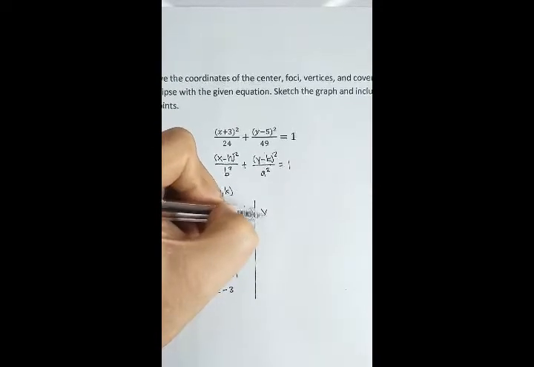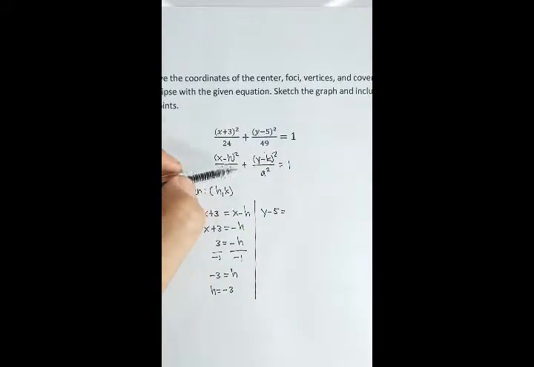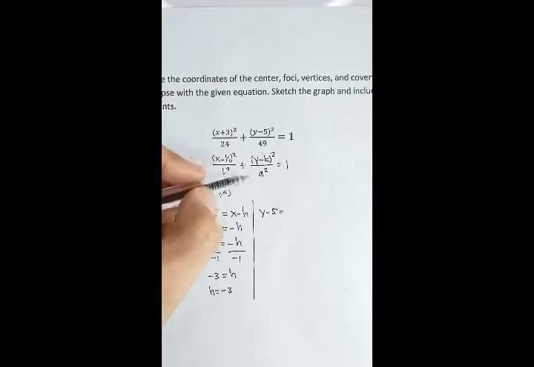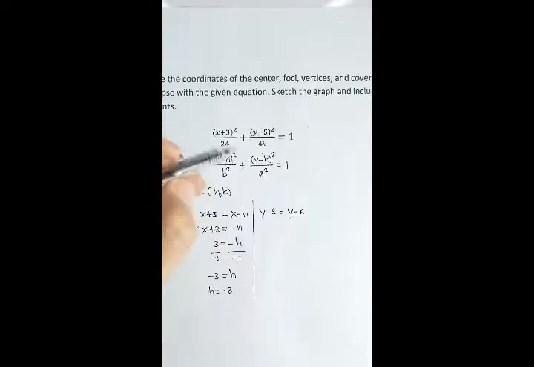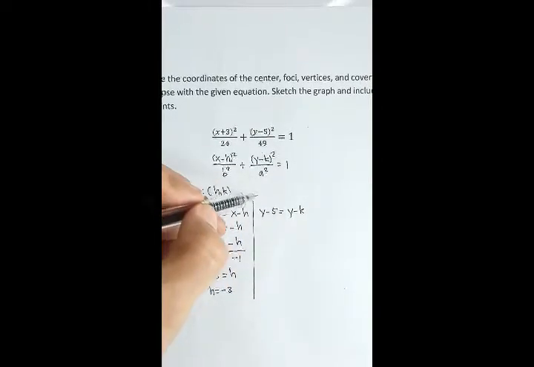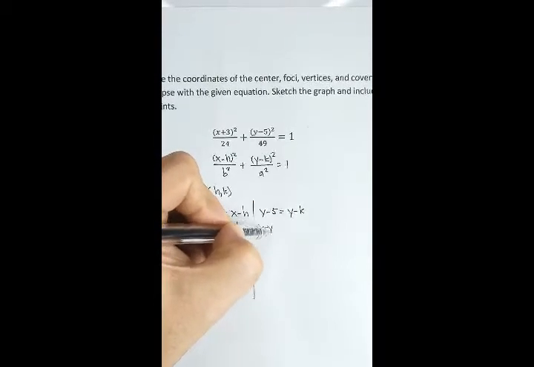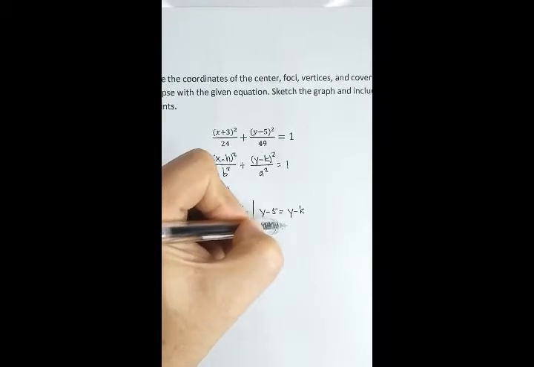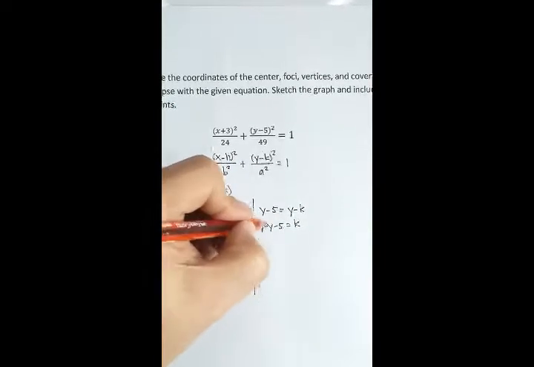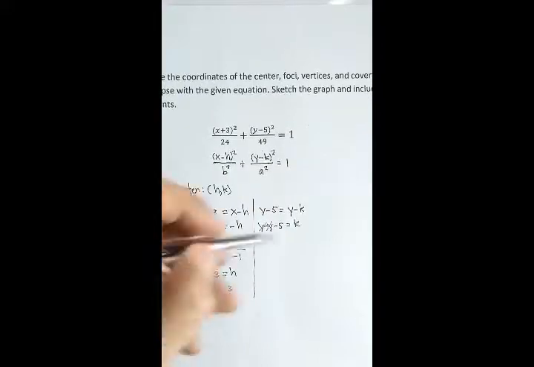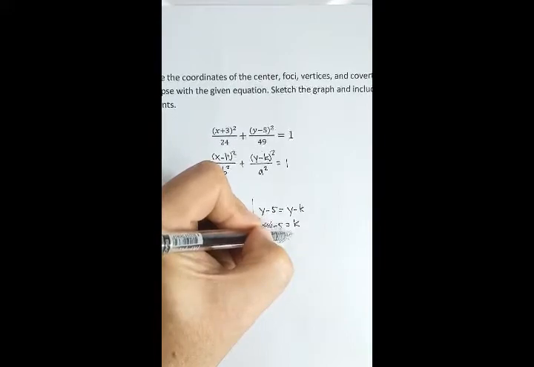So y minus 5 is equal to y minus k. So, transpose the y to the left. So, y minus 5 is equal to k. Cancel out the y. So, we have negative 5 is equal to k.